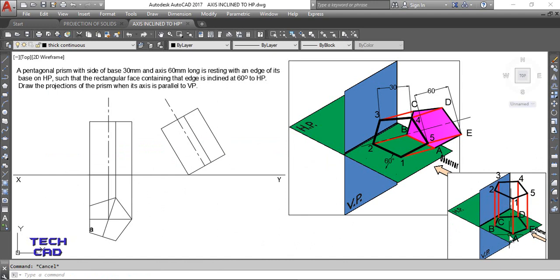This A, B, C, D, E face is watchable after that. So whatever face is visible to you in the projection of solids should be written outside, and whatever face is not visible to you should be written inside of that particular shape. So this is A. In the same way, I'll make all the nomenclature. This is the way to give the nomenclature of your top view.